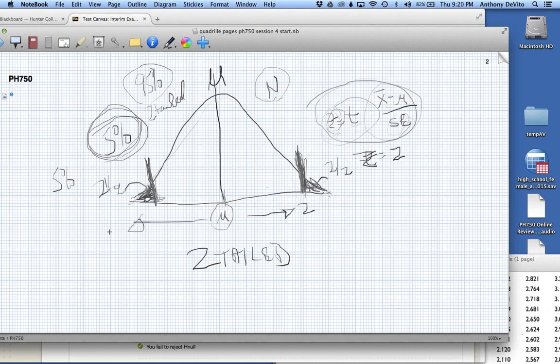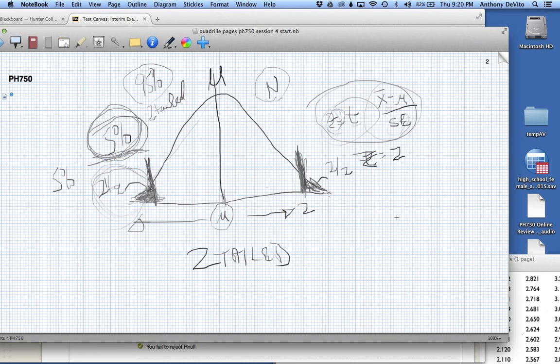We know that from our understanding of the normal distribution. I have to be that far out in order to get only a 5% chance of being wrong, having a value come up either too low or too high to be part of this population, but in fact be part of this population. In other words, be wrong if I reject the hypothesis. So it'd have to be way out here.